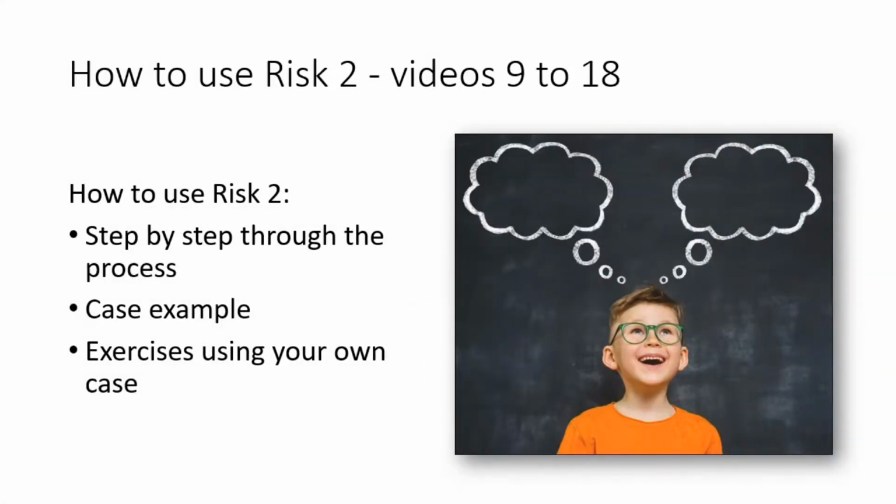In the later videos from 9 to 18, there is a detailed explanation of how to use Stage 2 risk assessment, also known as the Risk2 tool. This takes us step by step through the Stage 2 risk assessment process.